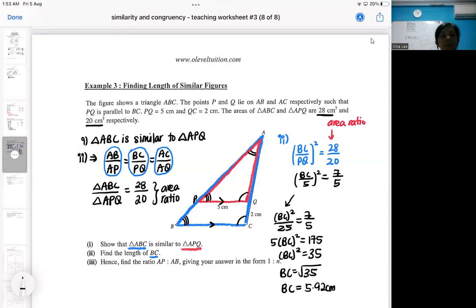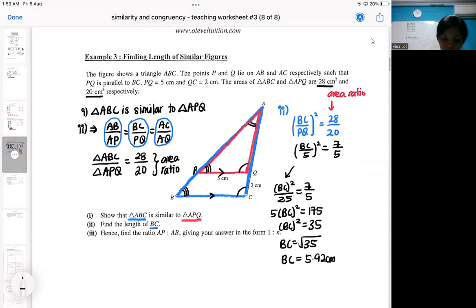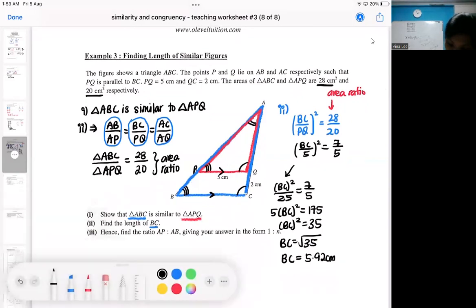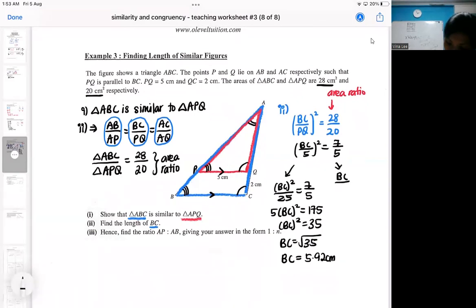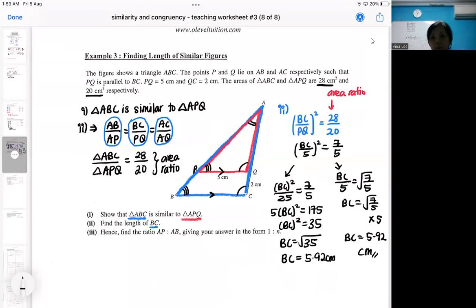That's one method. Or you can choose to take square roots, and then you multiply by 5 on both sides. You will still get the same answer. So that's your choice. You want to square, then cross multiply, or you want to take the square root, and then multiply by 5 on both sides.